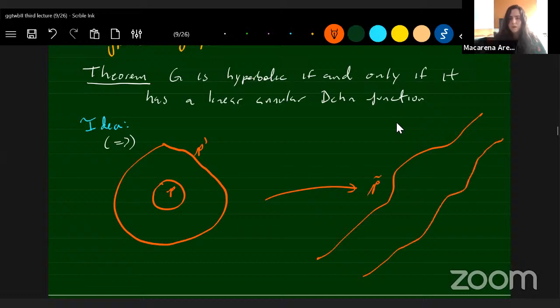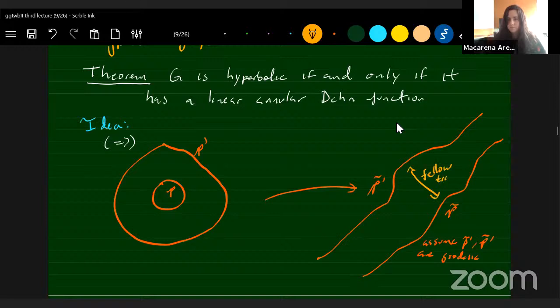This is not always the case, but I'm going to assume that for this sketch. Then, because we're in a hyperbolic space, these geodesics fellow travel. And that means that at some point they are very close.